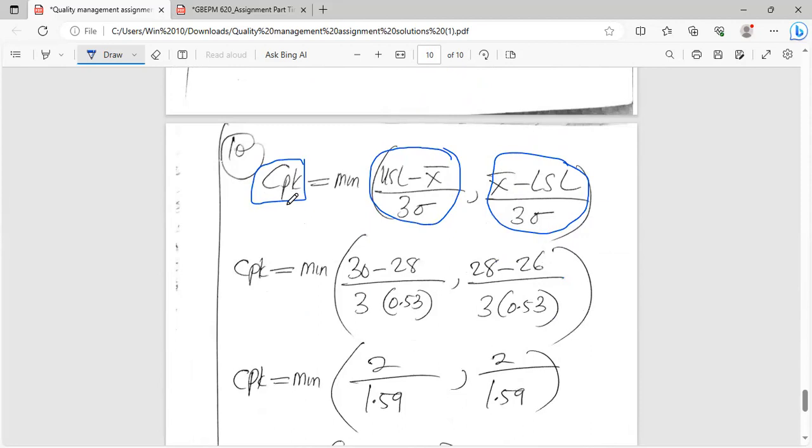which is the process capability ratio. So this one is called the process capability ratio. Okay, Cpk is the ratio.